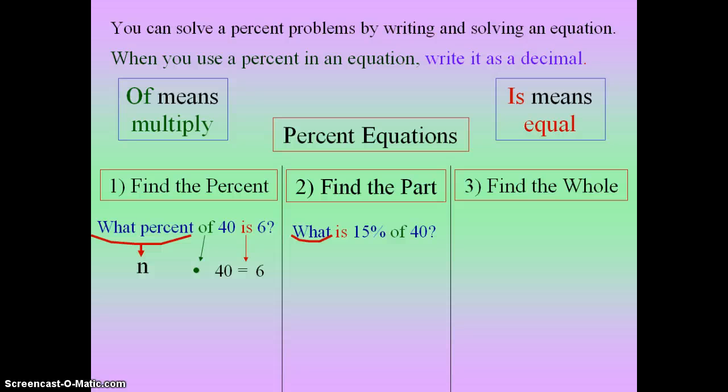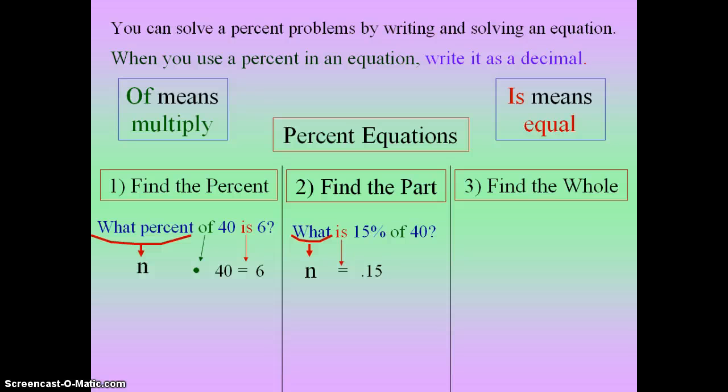Let's look at the other type of problem. Number 2 is to find the part. Let's say the problem is, what is 15% of 40? Then I'm going to take what, and that's going to be my variable. Let's use n. Is is our equal sign. I've got 15%, which I want to change to a decimal, so that's 0.15.